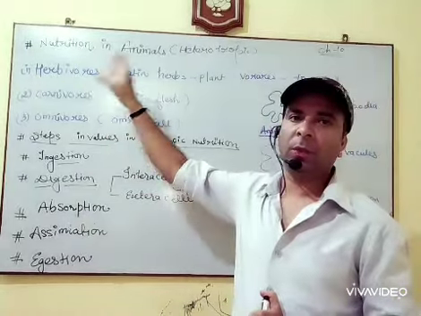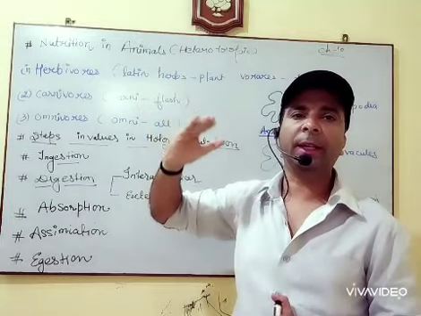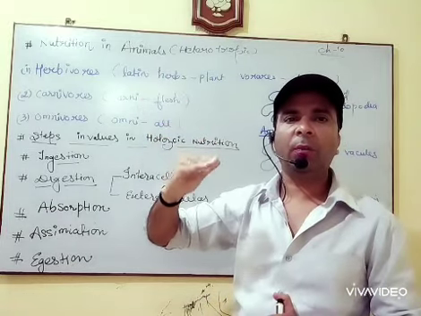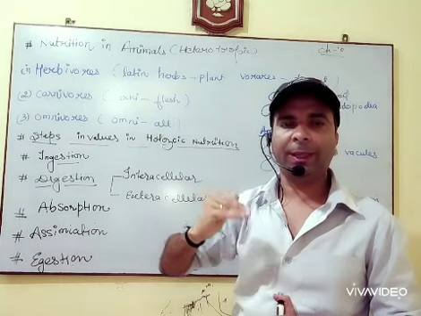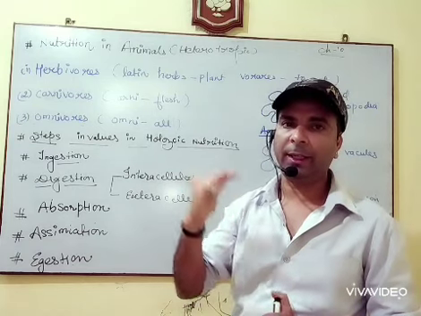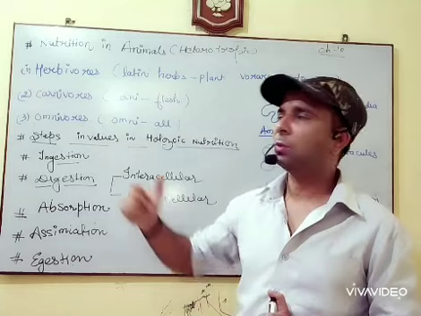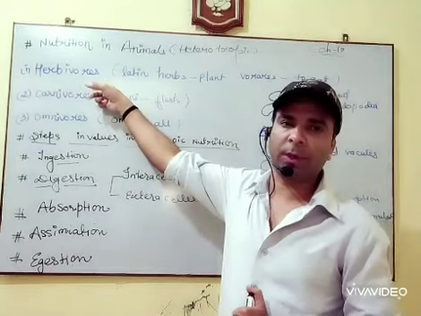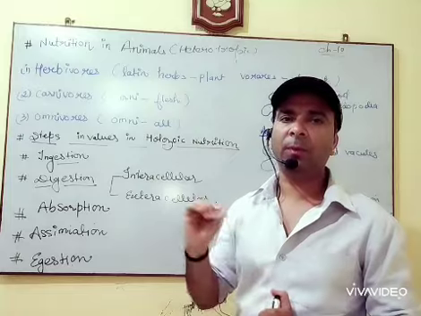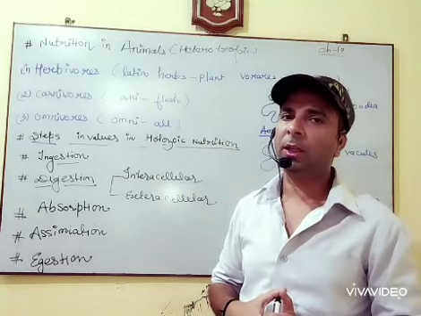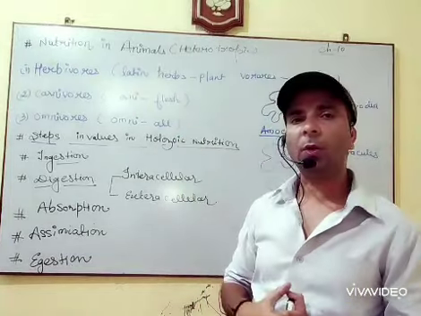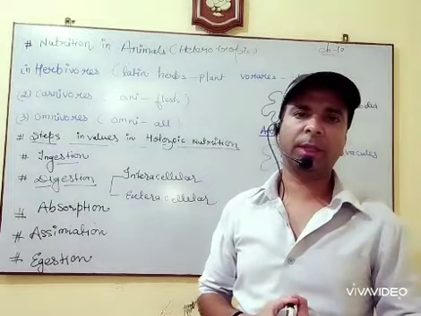First, animals take different kinds of food material, and they are categorized according to their food needs. First one is known as herbivorous. Herbivorous is a Latin word. Herb means plant, and vorous refers to the eater.